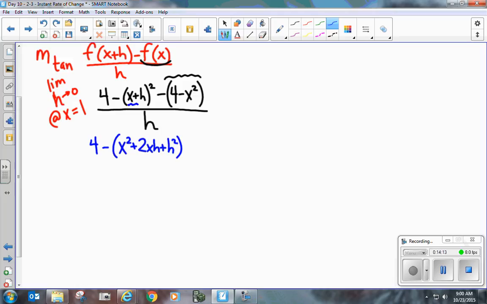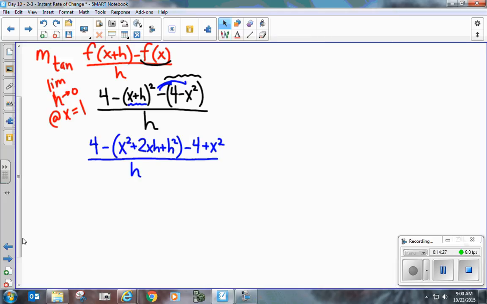That's what happens when I FOIL this part out. I'm going to distribute this negative, and I get minus 4 plus x squared all over h. Now, I still have to distribute my negative right here. This still has to be distributed to all 3 of these.